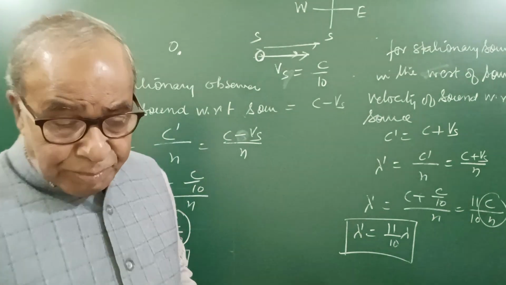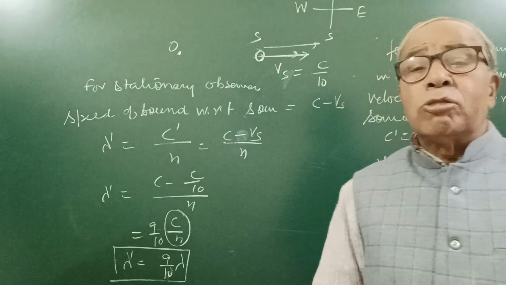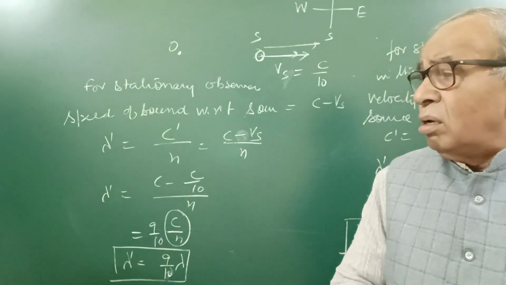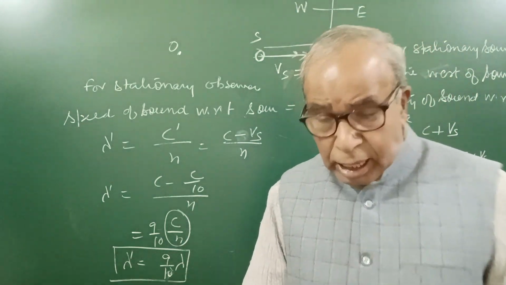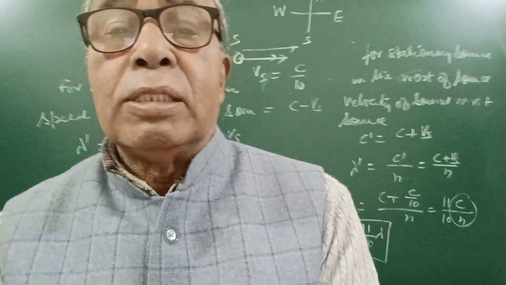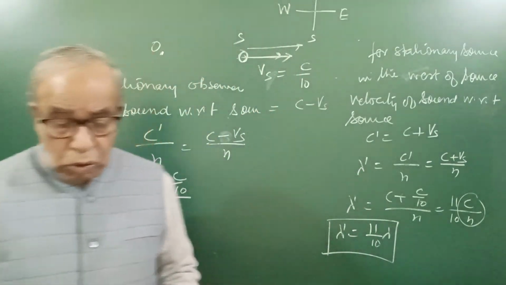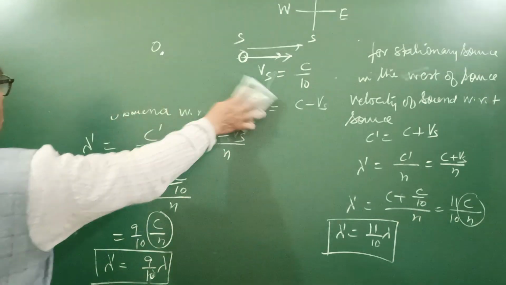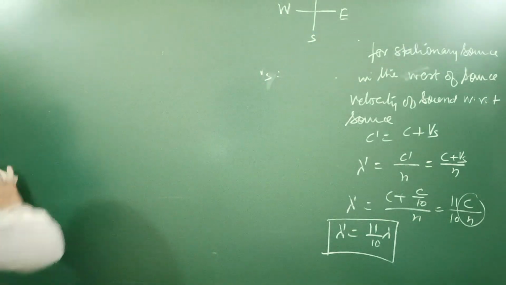So please see the situations. The wavelength of sound changes only when the speed of sound with respect to the source changes. I will be telling you something more, some more numericals, and in the coming video I will be telling you about the Doppler effect of light. People avoid this because this is not in the syllabus.